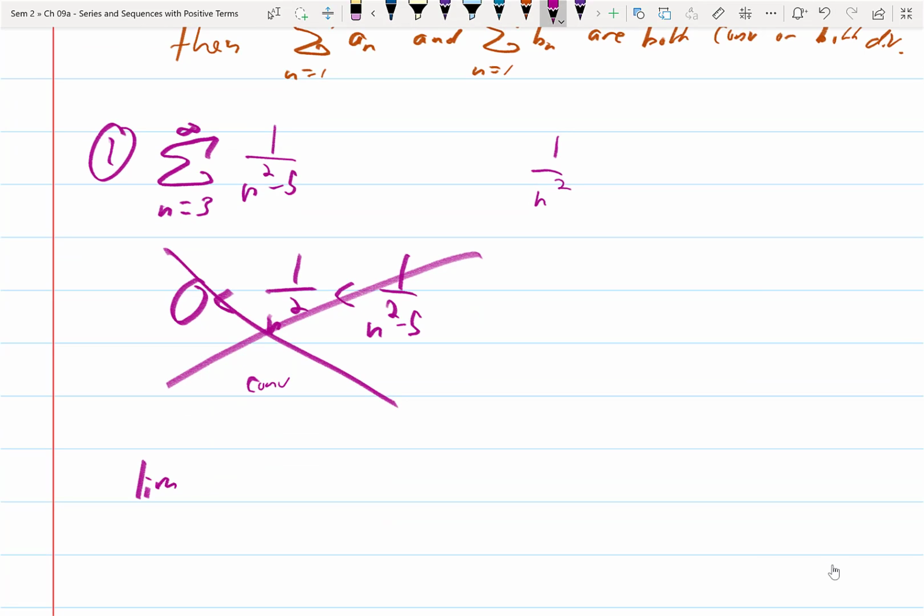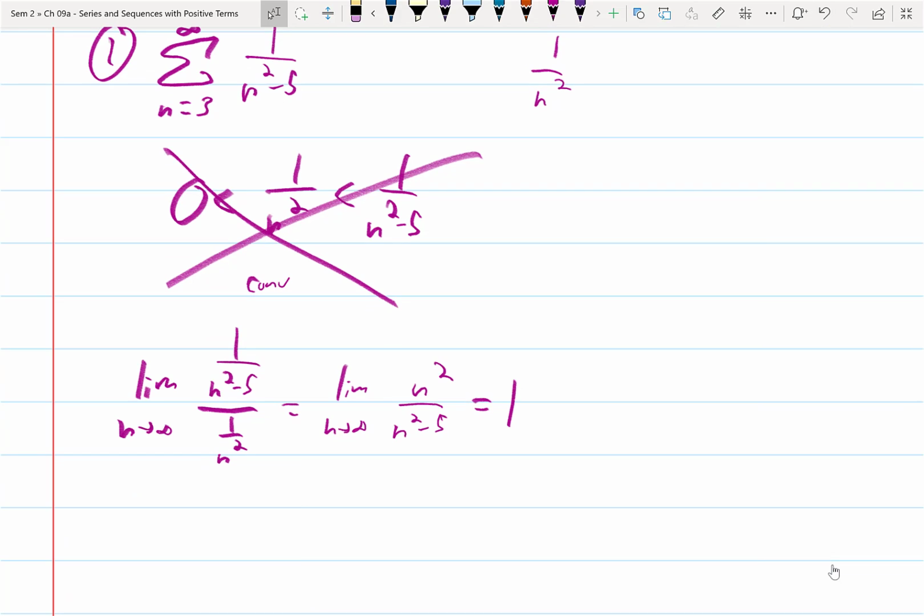What I am going to do is say the limit as n approaches infinity of 1 over n squared minus 5. And instead of doing a direct comparison, I'm going to do a limit comparison where I do a ratio of the two of them. This is a limit ratio. This is going to be the same as the limit as n approaches infinity of n squared over n squared minus 5, and that limit is 1. 1 is not 0.